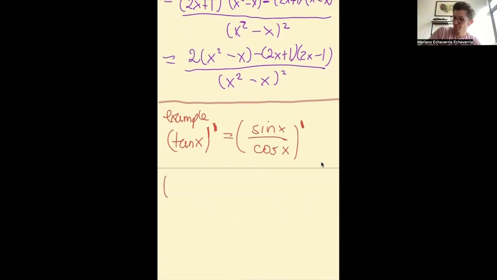And what would be the derivative of cotangent of x? Well, cotangent of x is cosine of x divided by sine of x, and again, you can apply the quotient rule to this one. Let me give you maybe 3 minutes to think about what this answer should be, and I'll write it down after that, because these are ones which everyone should know the answer to.